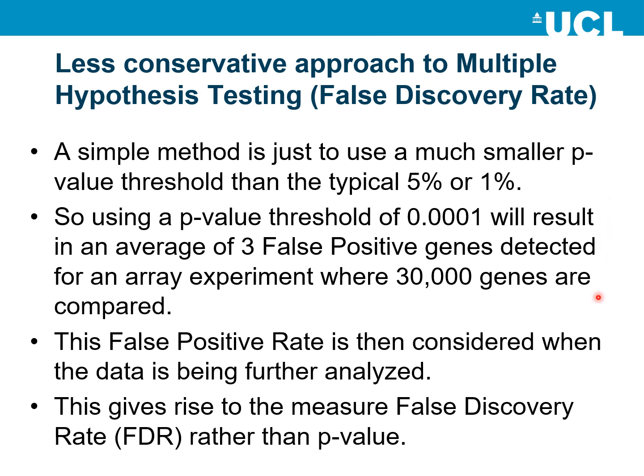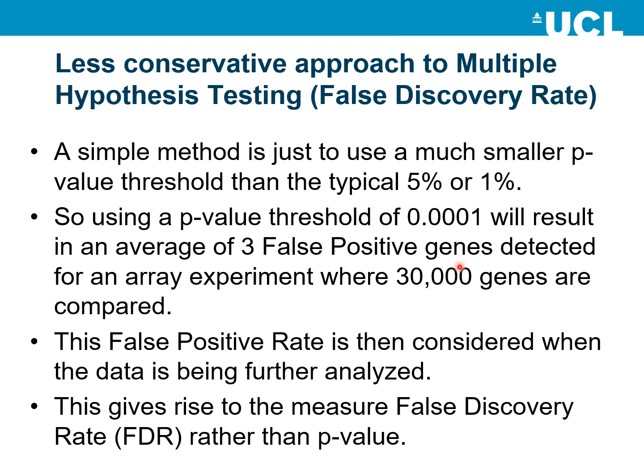But to get an idea of how it's essentially working, if you use a p-value of 0.0001, where we've got 30,000 genes being compared, we know that this p-value will result in, on average, 3 false positive genes detected.